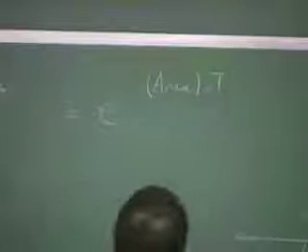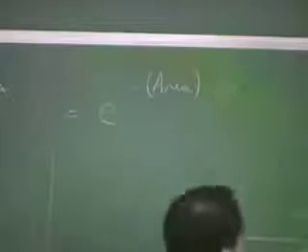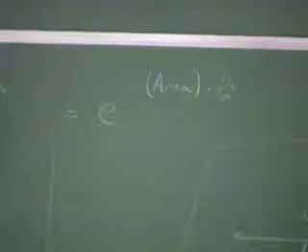The action is the Nambu action, so it's the area of that minimal surface times the tension of the string. The tension of the string goes like 1 over alpha prime, so this will have a factor of 1 over alpha prime, or square root of g squared Yang-Mills N. That's just that factor of alpha prime.